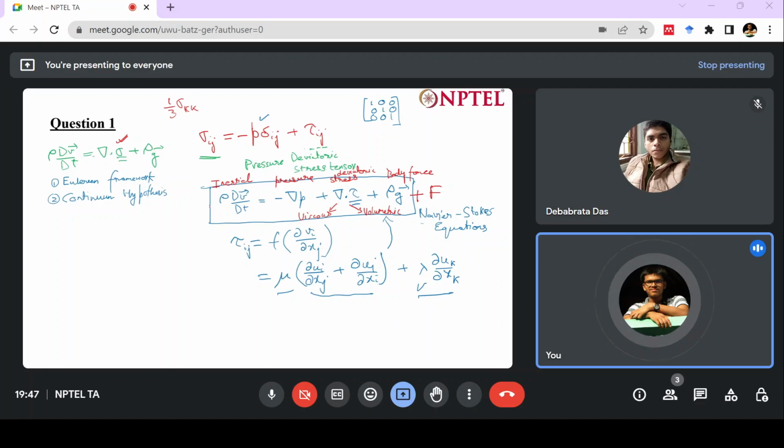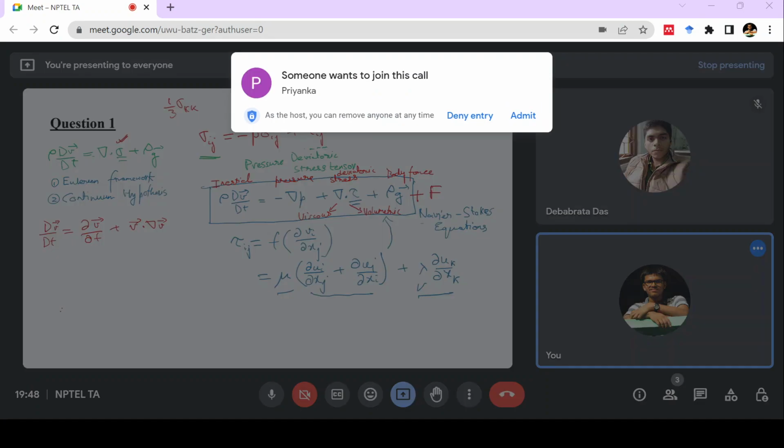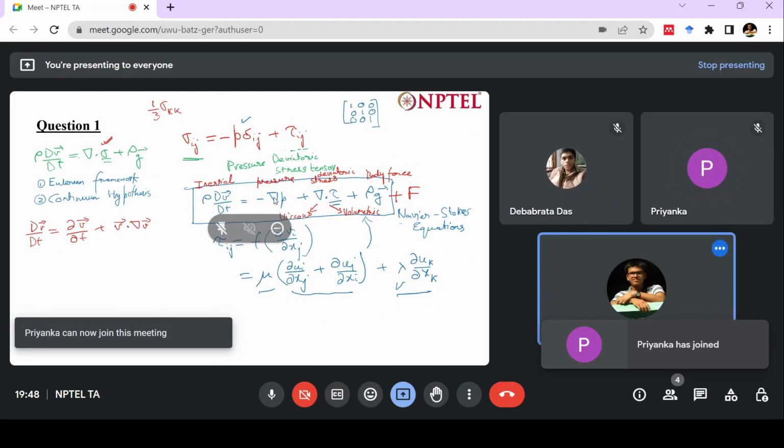And also this inertial term comprises two components. We already know this, since this is our material derivative. It is comprised of two terms: del v/del t, and another one.